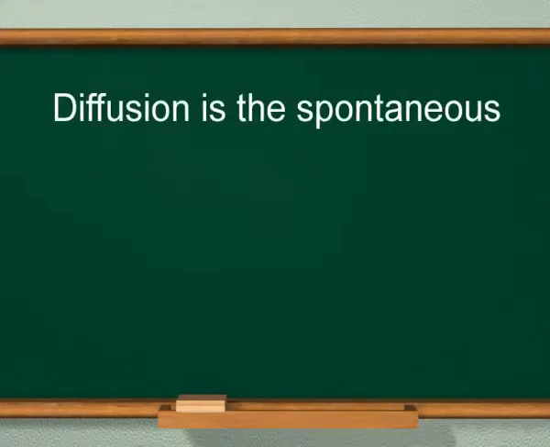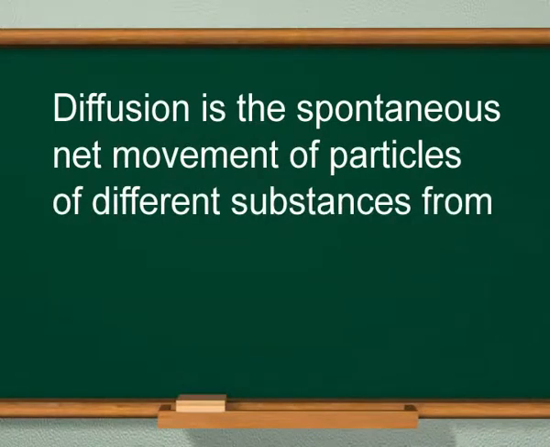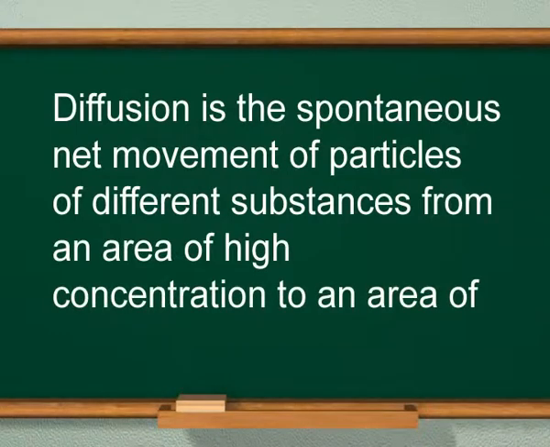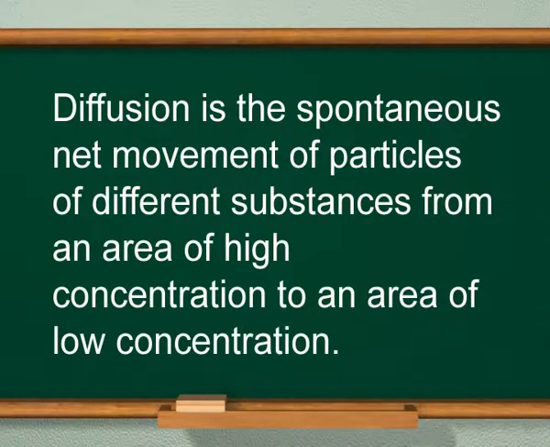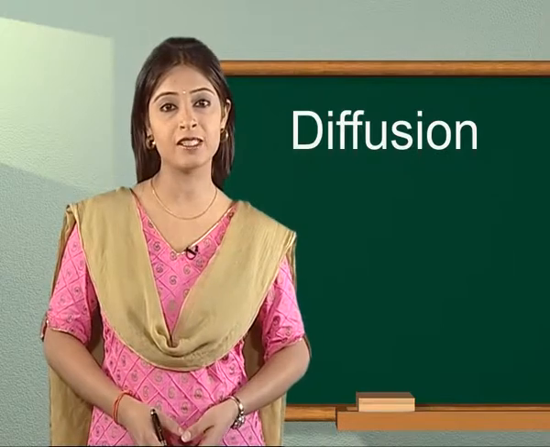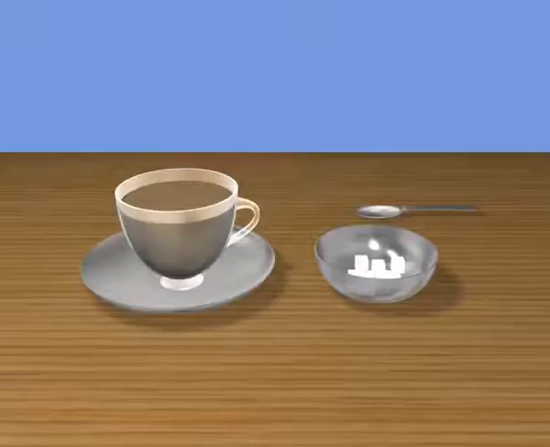Diffusion is the spontaneous net movement of particles of different substances from an area of high concentration to an area of low concentration. Let us take some general day-to-day examples so that you can understand this process more clearly.